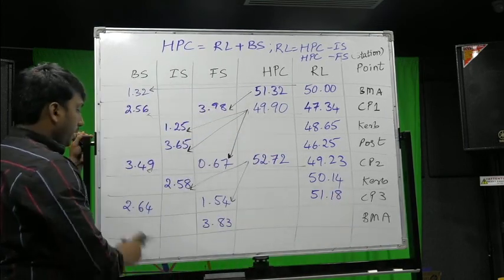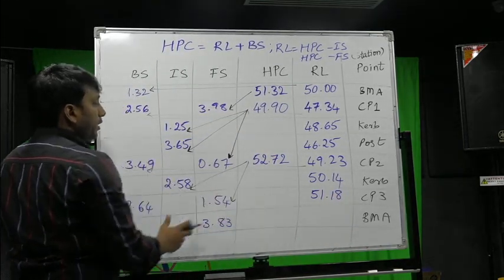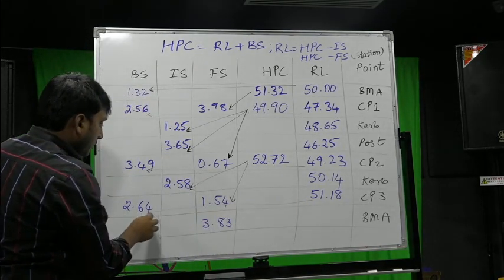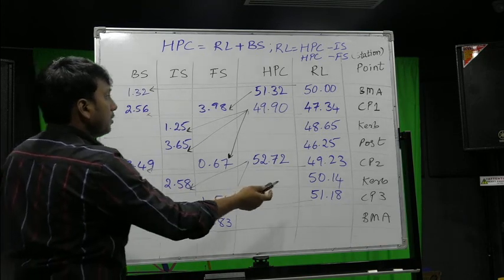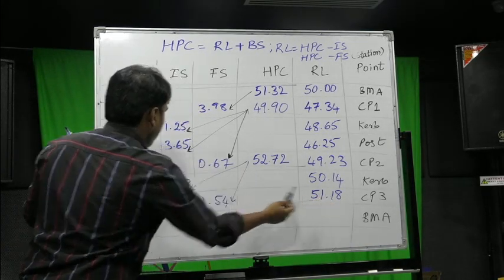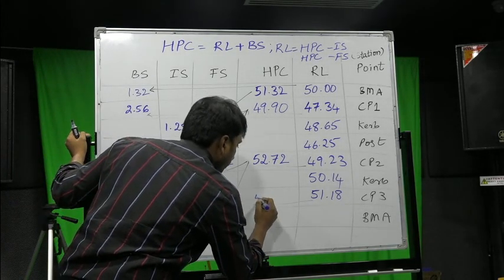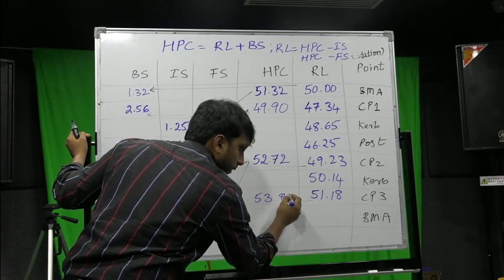Again you need to calculate the height of plane collimation: 51.18 plus backsight 2.64, that is 53.82.